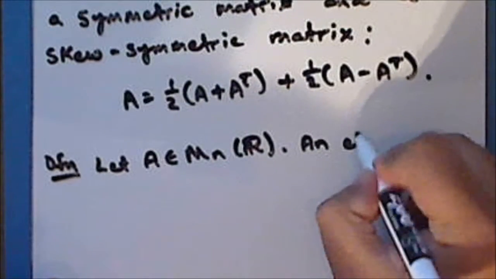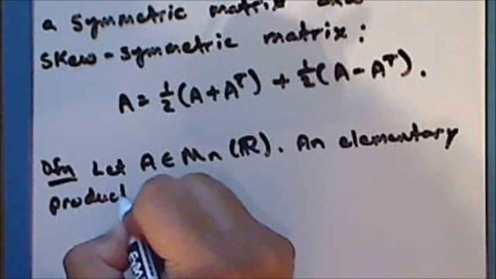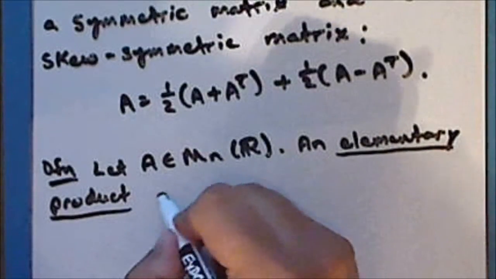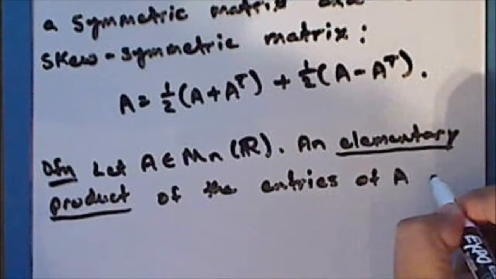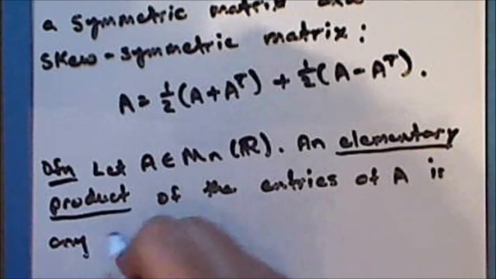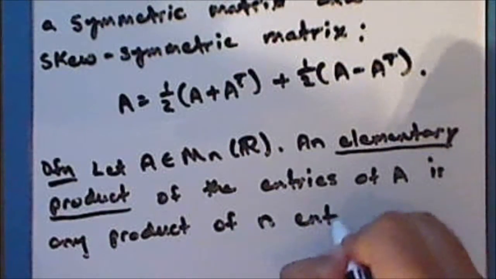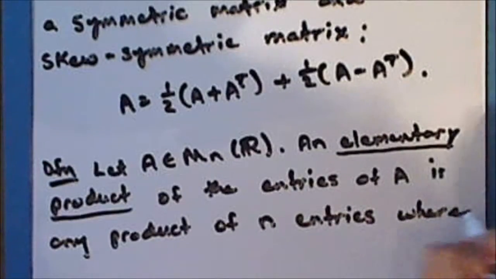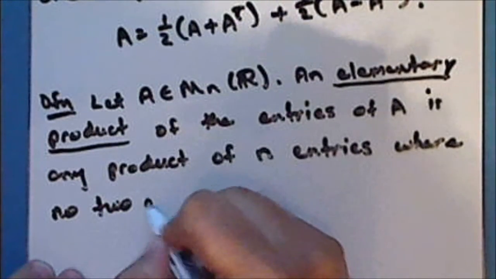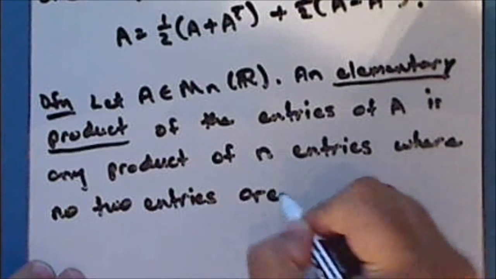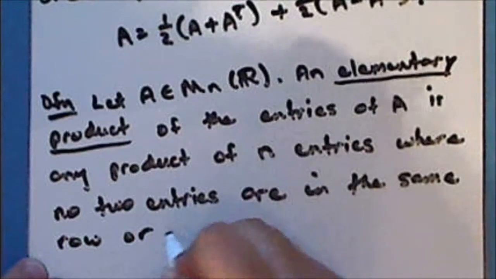An elementary product of the entries of the matrix A is any product of n entries where no two entries are in the same row or the same column.